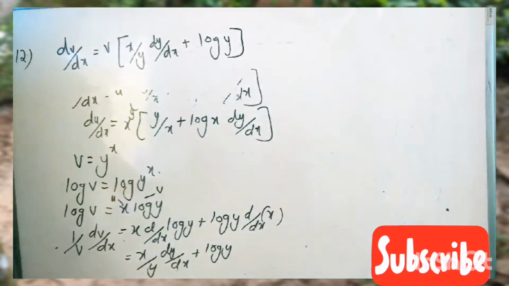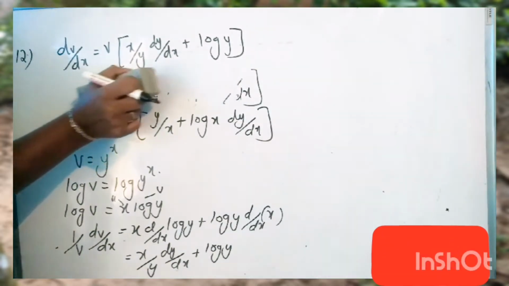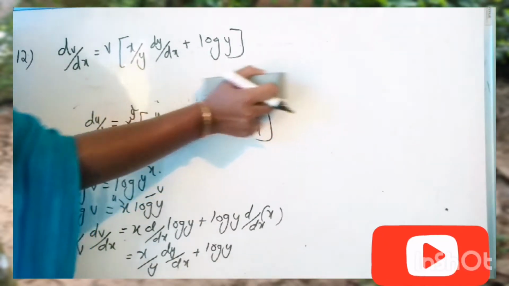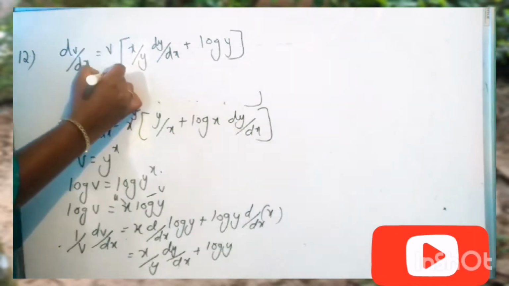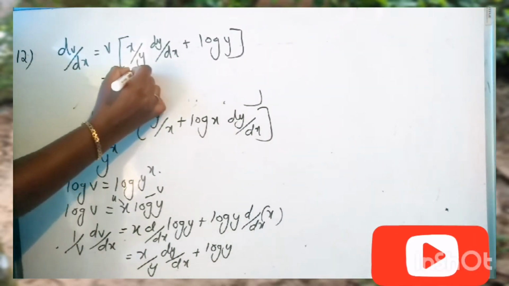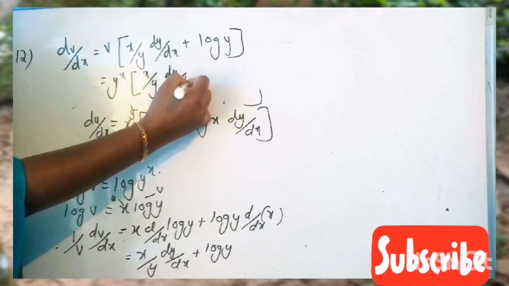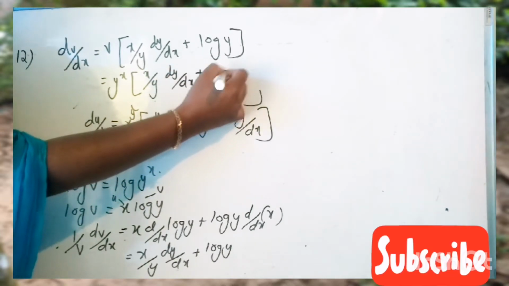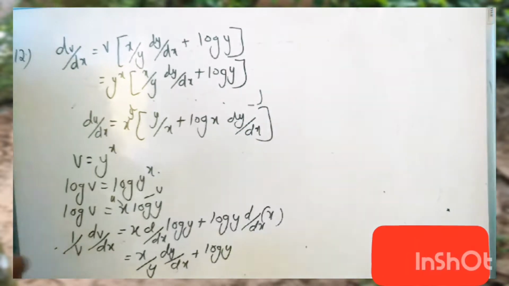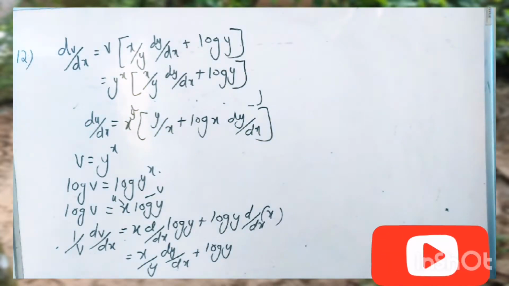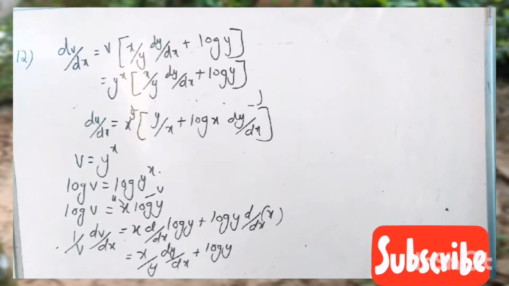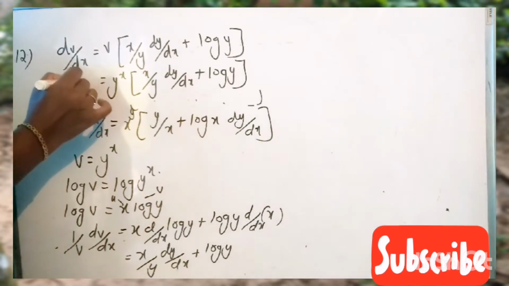Now just resubstitute the value of v, that is y raised to x. So dv by dx is equal to y raised to x into x by y dy by dx plus log y. This is our dv by dx.